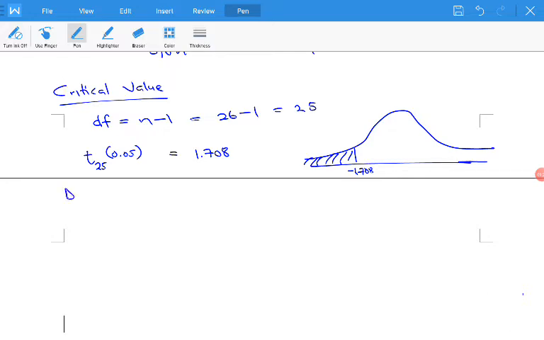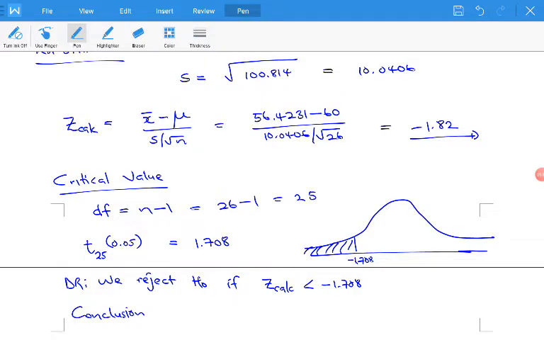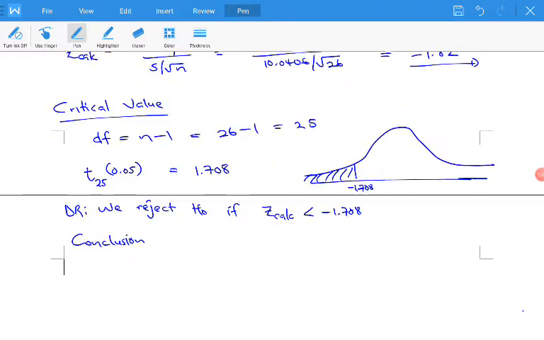So the decision rule is that we reject H naught, the null hypothesis, if the test statistic z calc is less than negative 1.708. Conclusion: my test statistic is negative 1.82, so it's less than the critical value.